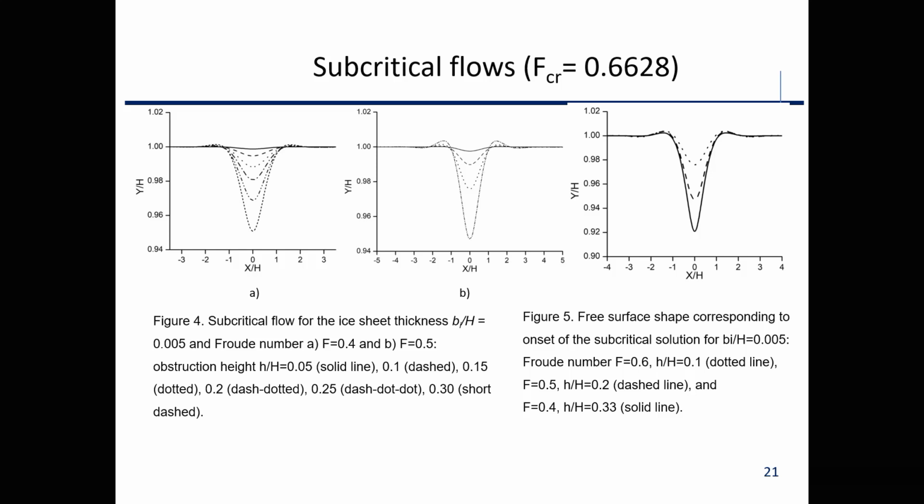Here are shown results for subcritical flows. Here the critical Froude number is 0.66, and in the first figure, 4a, the Froude number is 0.4 with different thicknesses of the ice sheet. The ice thickness is shown as B over H equal to 0.05 and different heights of the obstruction.